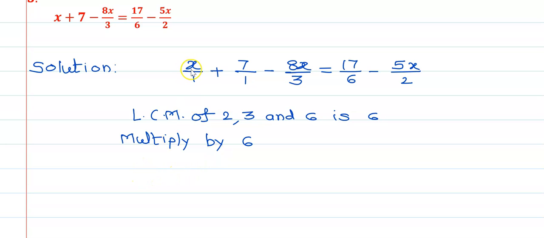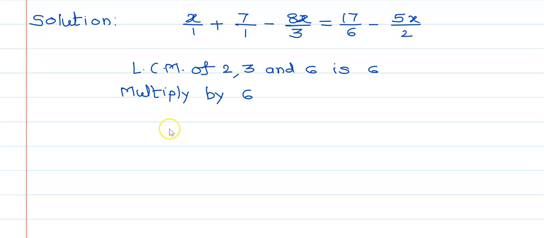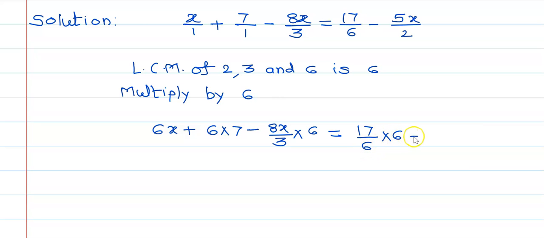If you multiply by 6, then to this x you will get 6x. Here is 6 into 7 minus 8x upon 3 into 6 is equal to 17 upon 6 into 6 minus 5x upon 2 into 6.